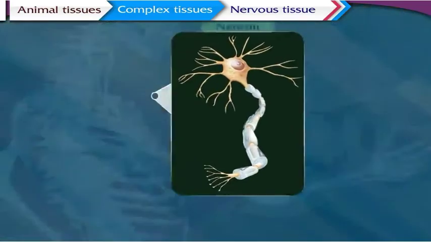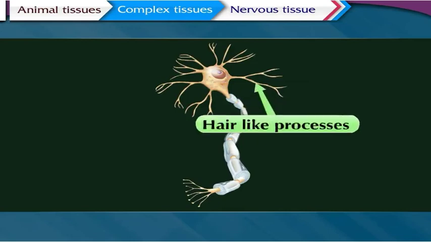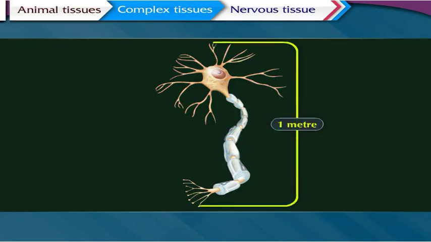A neuron consists of a cell body with a nucleus and cytoplasm, from which long, thin hair-like processes arise. Usually, each neuron has a single long process called axon, and many short, branched processes called dendrites. An individual nerve cell may be up to a meter long.